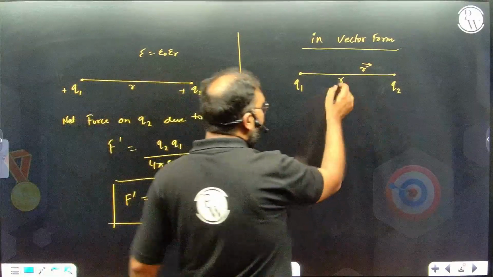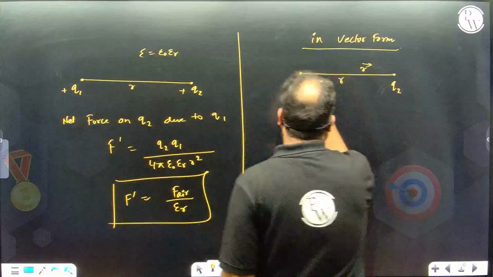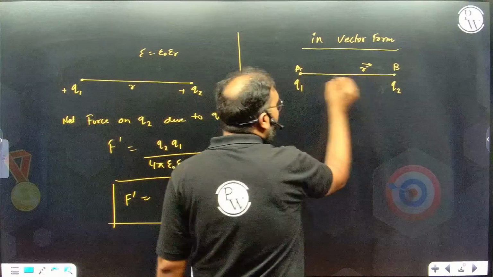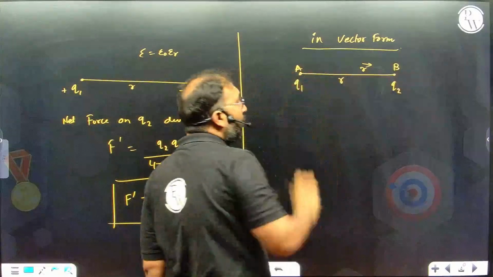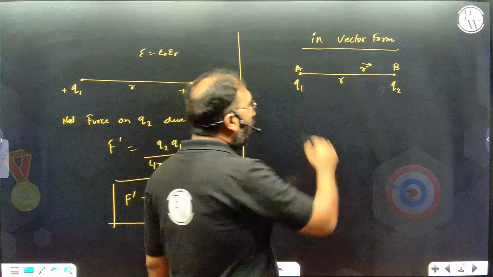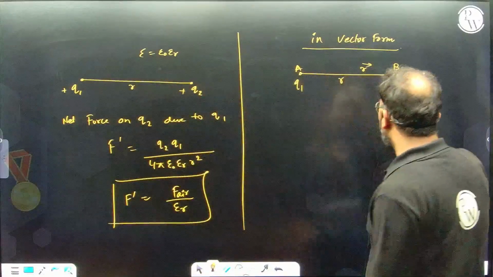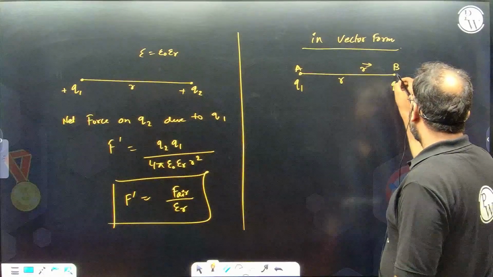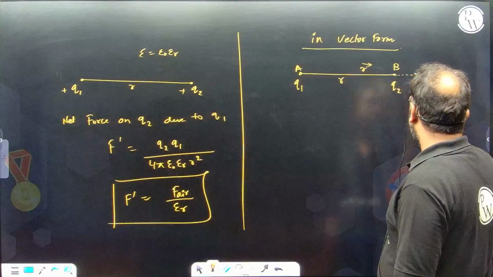So in this case, if the distance is r, and let's say this point is A and this point is B, so the position vector of Q2 with respect to Q1 is r vector. Now I can see that whatever force is acting on Q2 because of Q1 will be repelling it forward. So the direction of force will be here, okay?